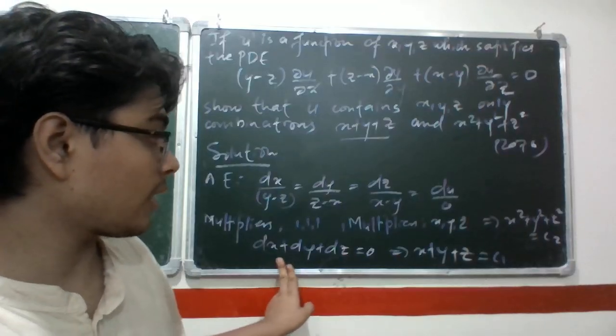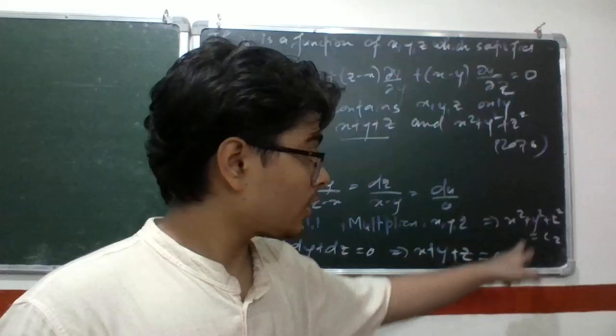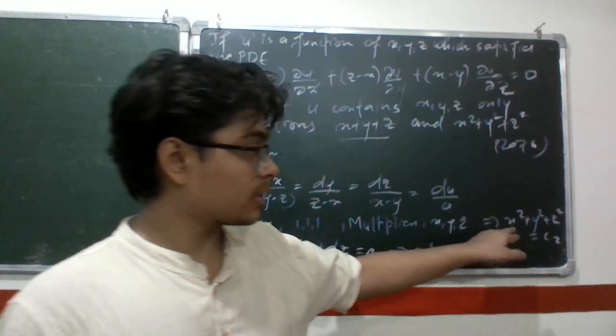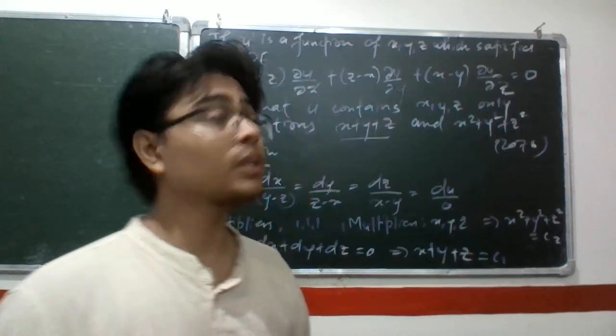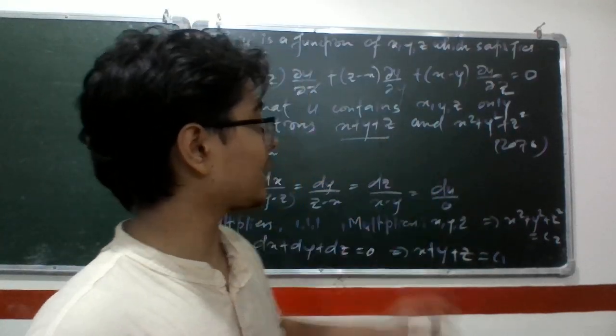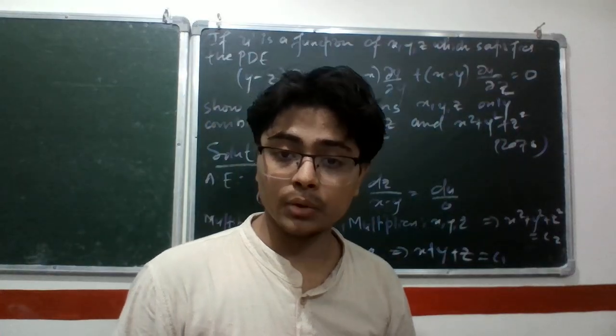That means I get one curve defined by x plus y plus z, and another curve, actually a parabolic curve, which is x square plus y square plus z square. These are exactly the things that were mentioned in the question. So this is how we prove it.